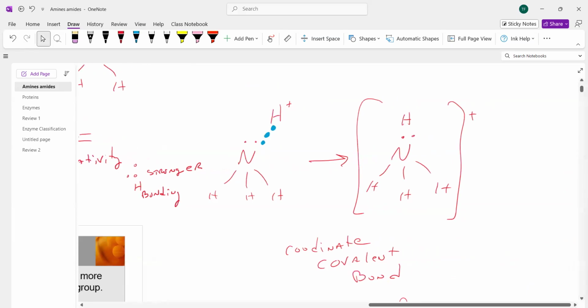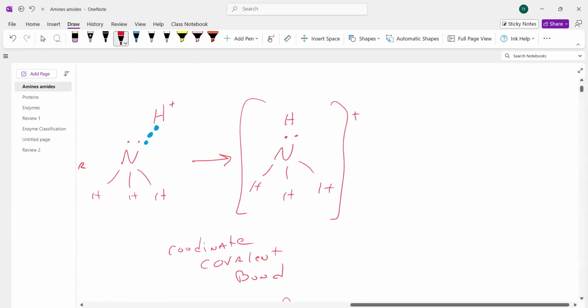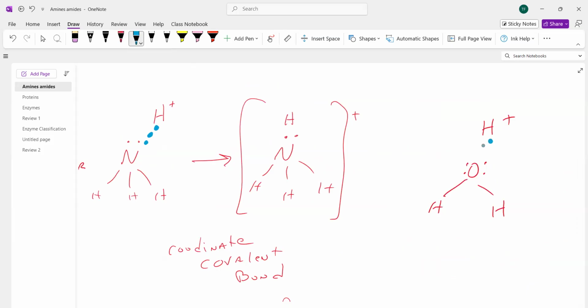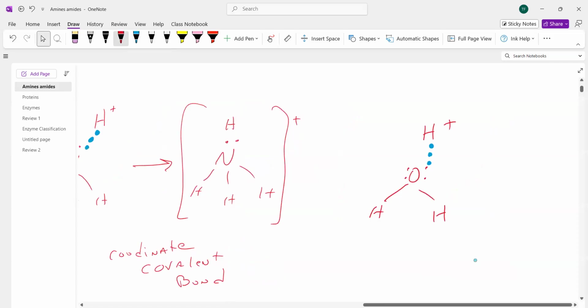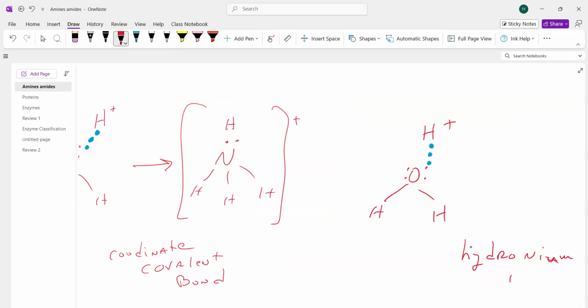Now, this can also happen with oxygen. And I don't know if in your 305 class they've talked about it, but basically, when you have a hydrogen ion coming from an acid, for example, it can form a bond with one of the electron pairs off of oxygen, and it forms something called a hydronium ion.